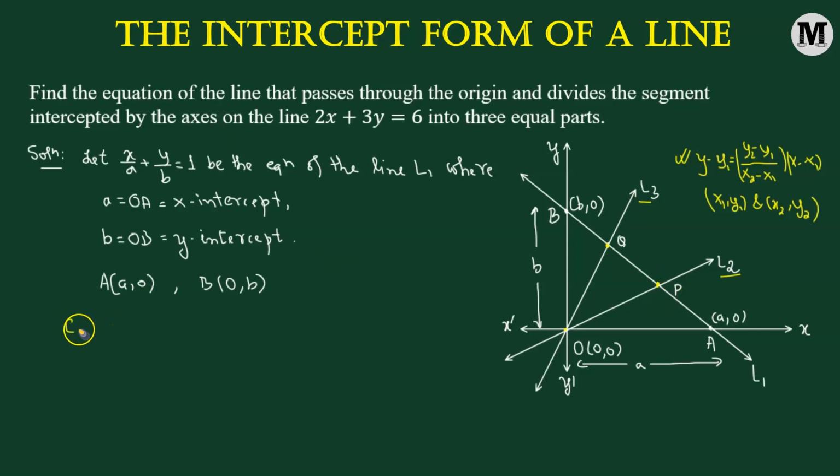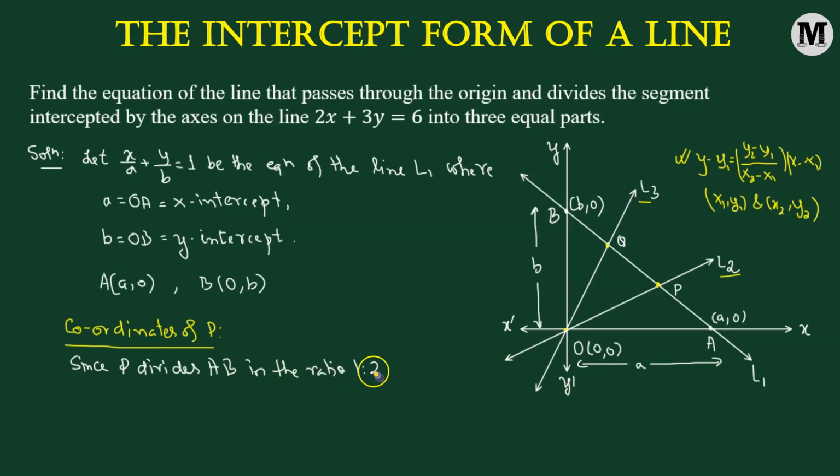Let us begin by computing the coordinates of the point P. To do that, we're going to make use of the fact that the point P divides the segment AB in the ratio 1:2 internally.